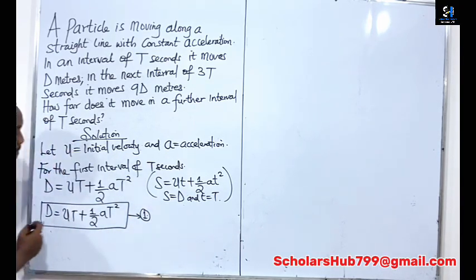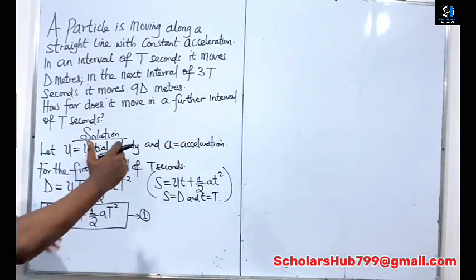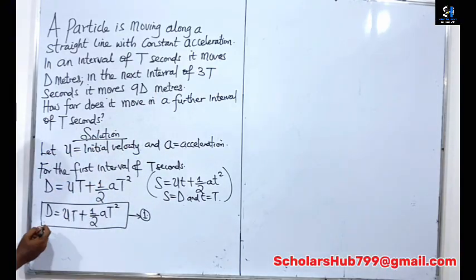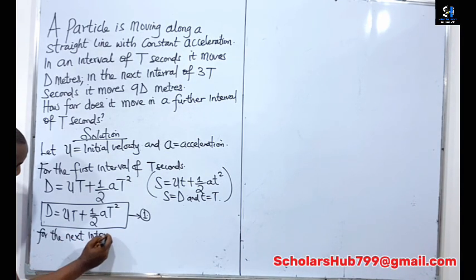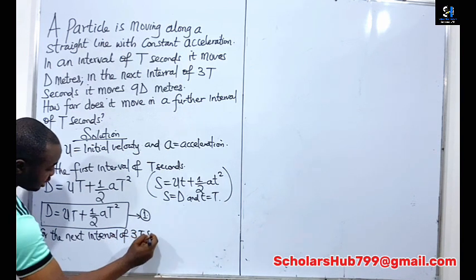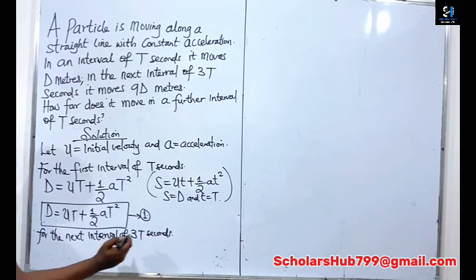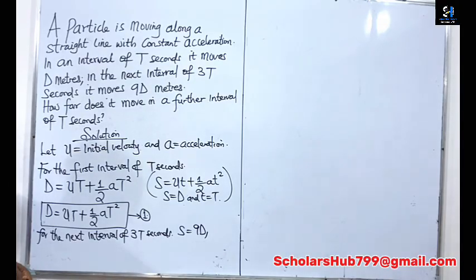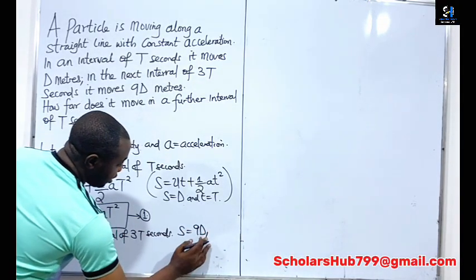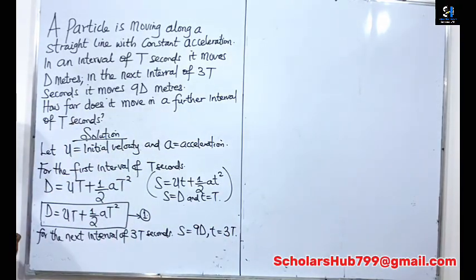This is equation 1. Now for the next interval of 3t seconds, the particle moves 9d meters. So the distance will be equal to 9d, and the time will be equal to 3T.